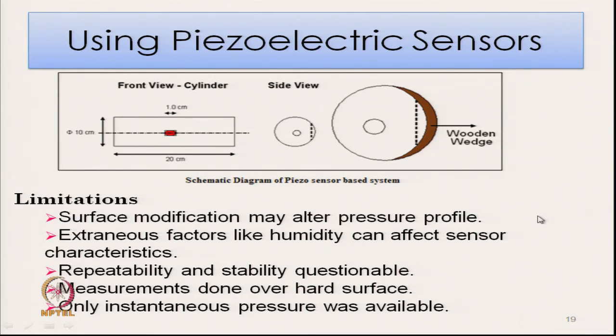External factors like humidity and temperature affect it. Repeatability and stability are questionable. Measurements are done over a hard surface, and one most important limitation is that only instantaneous pressure was available. So, continuous pressure profiling is a problem.